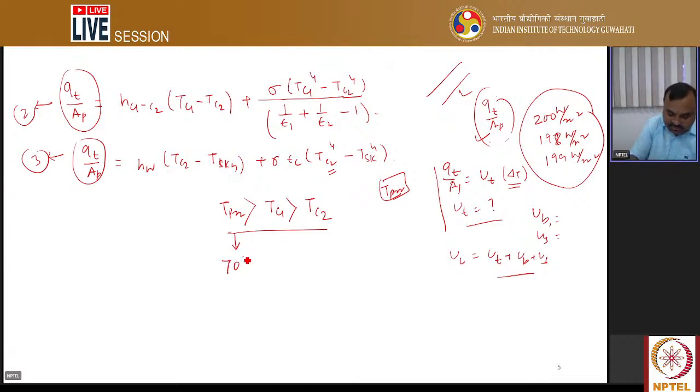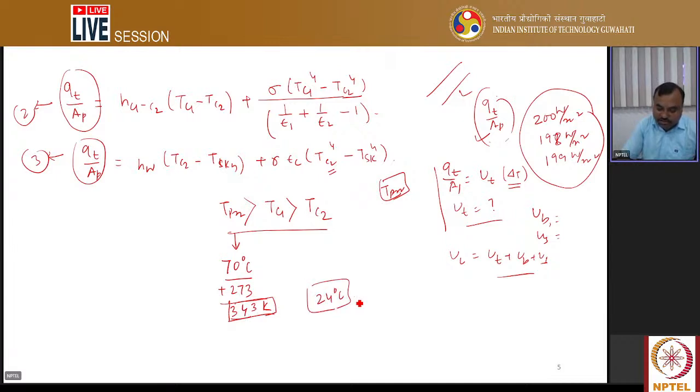So if it is 70 degrees Celsius, then in Kelvin it will be 273 plus 70, which is 343 Kelvin. And if we consider, say, 24 degrees Celsius as the ambient temperature, then plus 273, it will be equal to 297. So this is in Kelvin.